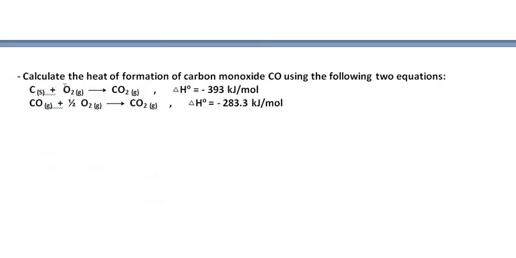Another example is calculation of the heat of formation of carbon monoxide using the above two equations. We have an equation C plus half O2 to get CO. This is the required equation.